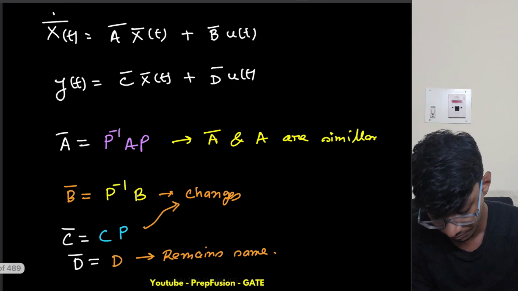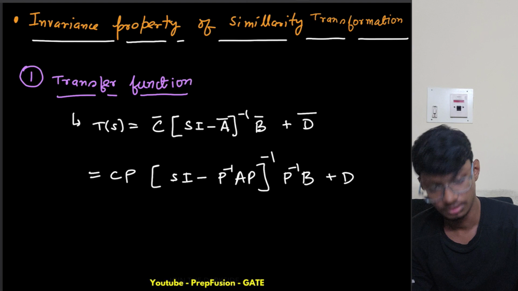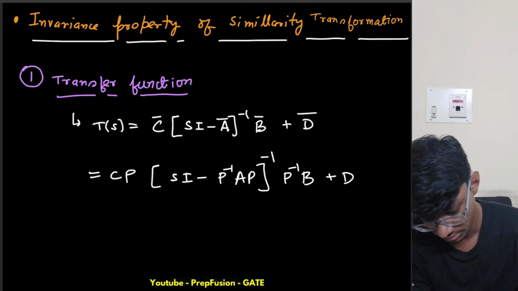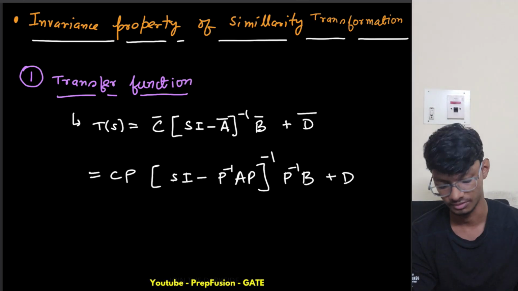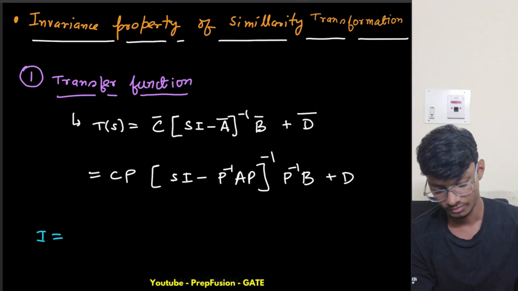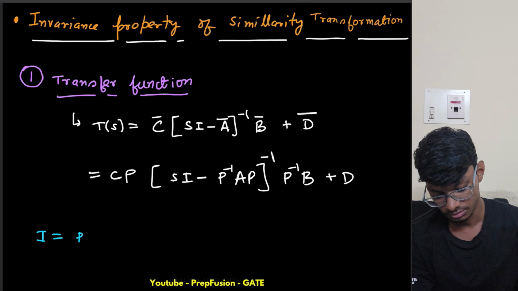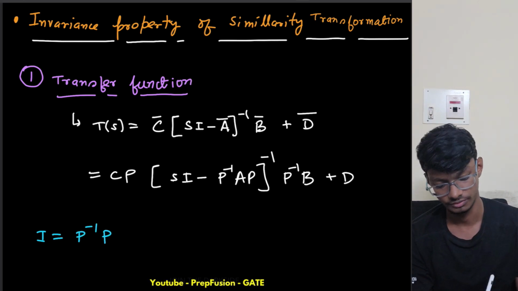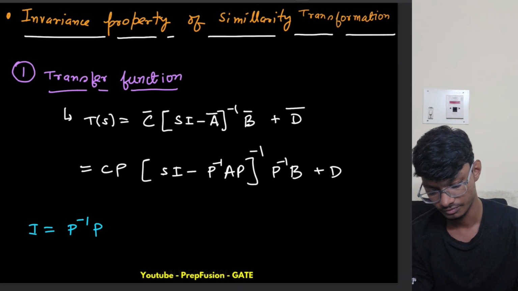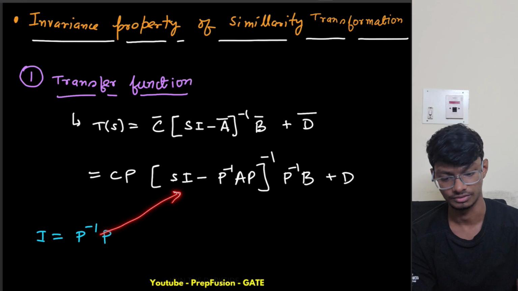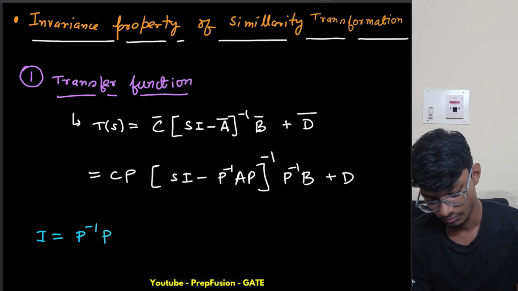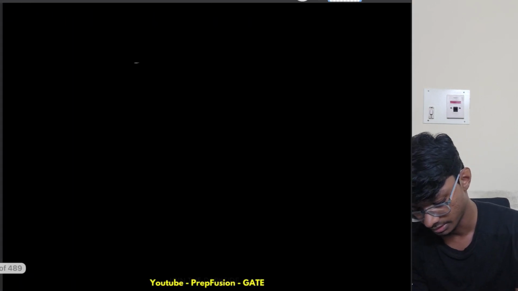Now let me tell you one thing: for the identity matrix, we'll take help of one property. I is equal to P inverse P. Do you agree with this? So I will just replace I over here.